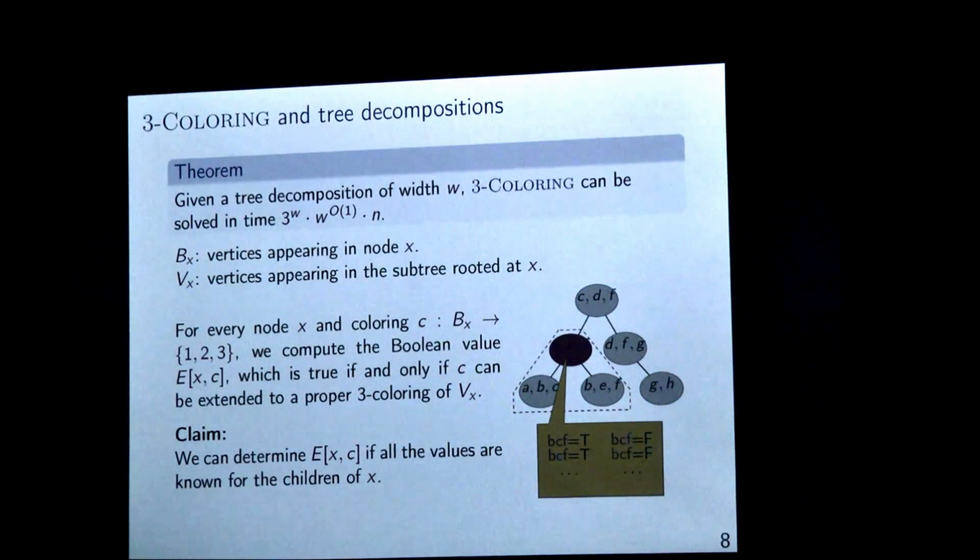If it is, then I put 1, otherwise I put 0. So basically I have a table of size 3 to the power treewidth, and some 0, 1 in the last column, which tells us whether this is extendable below or not. Now, actually, what you can show is that you can determine this Boolean value by looking at its children.